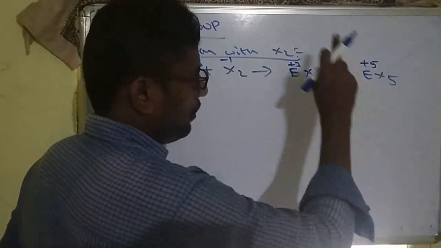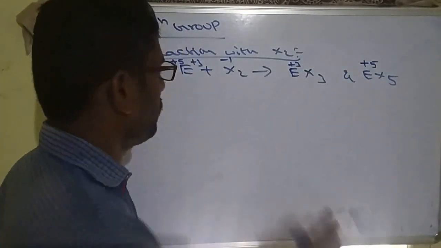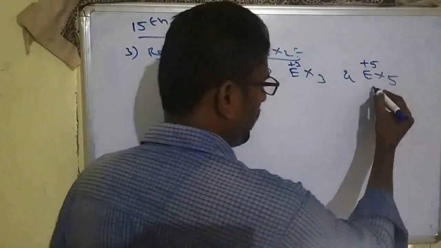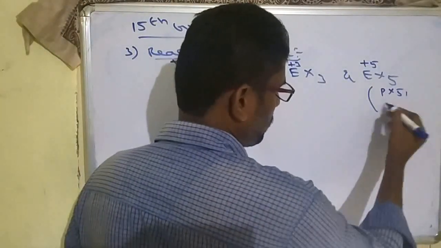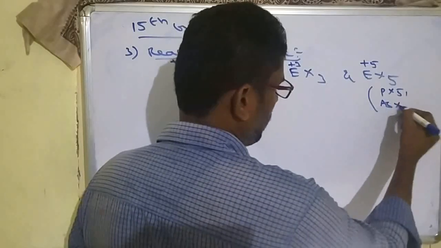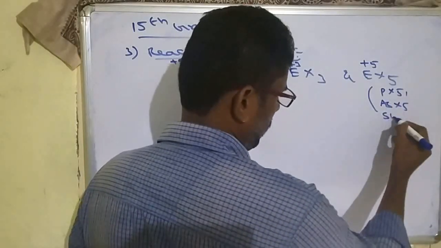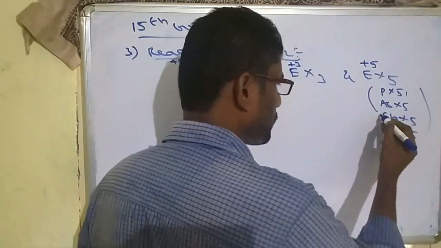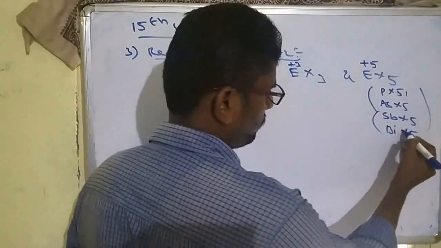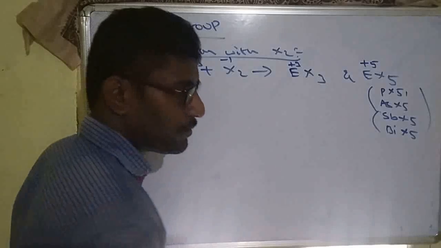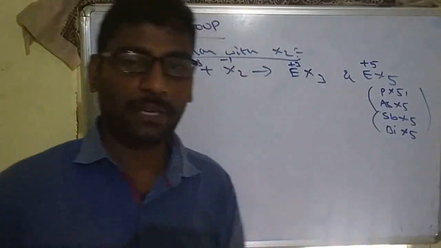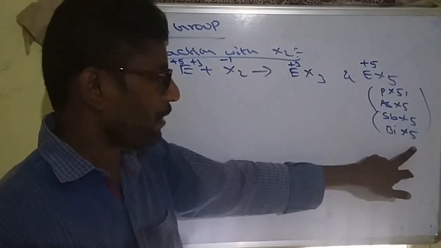In pentahalides, nitrogen does not form pentahalides. Among these, we can form PX5, AsX5, SbX5, and BiX5 is also possible. However, because of the inert pair effect, it always converts to BiX3. But whatever, it is possible.